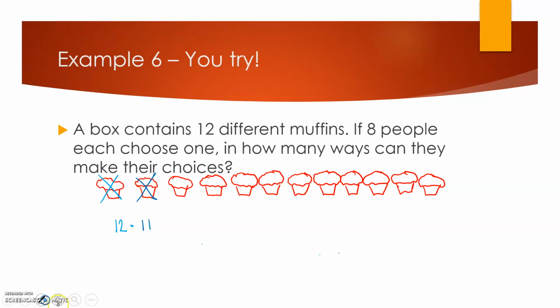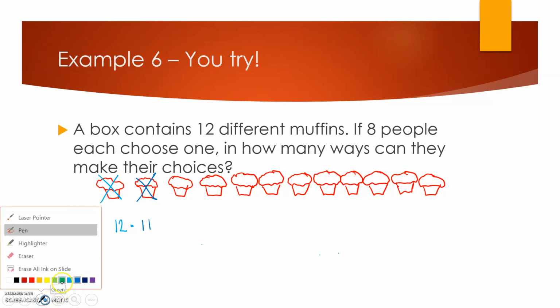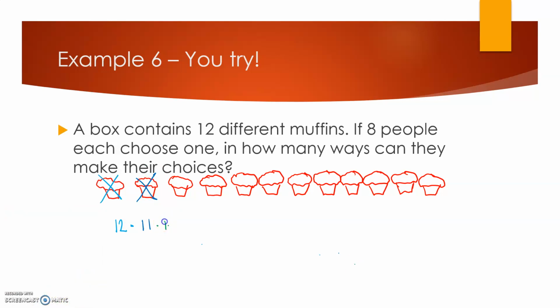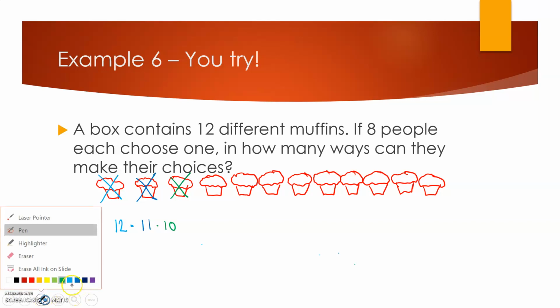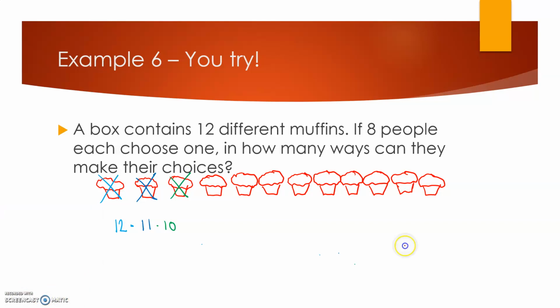So they take one. And then the next person has a choice of 10 muffins because 2 of them are gone. So we've got 10 left. So they're going to have 10 muffins to choose from, and they'll take one. And this is going to continue all the way down. We're going to have 9, 8, 7, 6, 5, 4, all the way here.